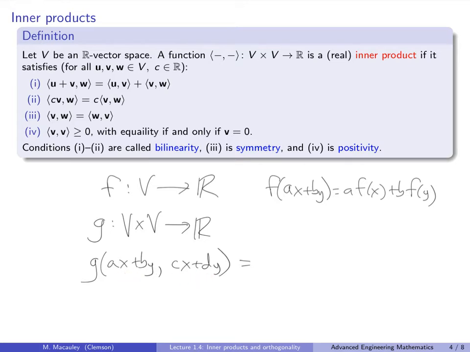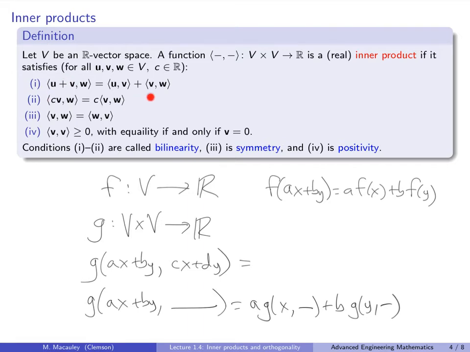So if I take G of ax plus by, and let me just fix this second coordinate, instead of whatever this is, I'll just write it as a line, then that equals a times G of x comma blank plus b times G of y comma blank. In other words, if you fix this second coordinate, then you can break apart sums and pull out constants.